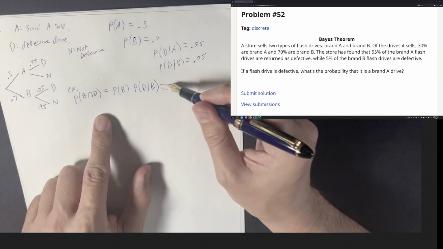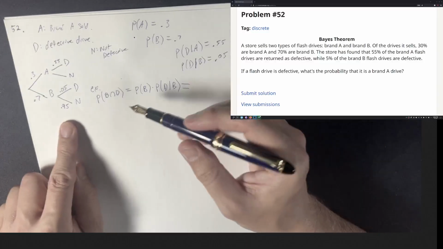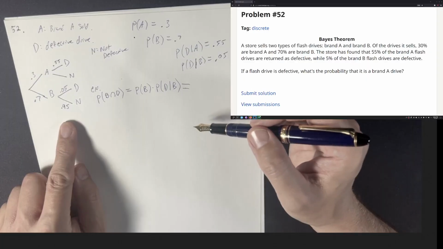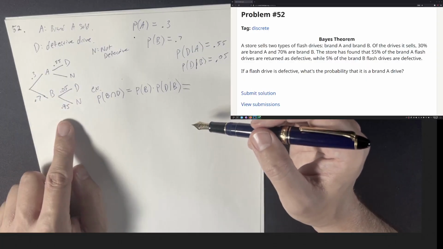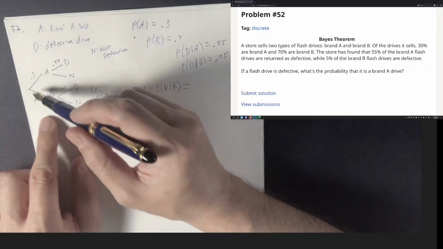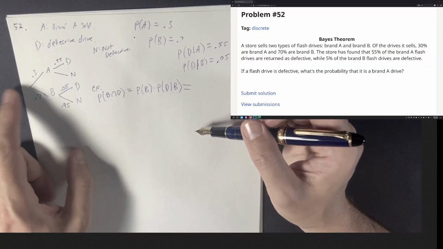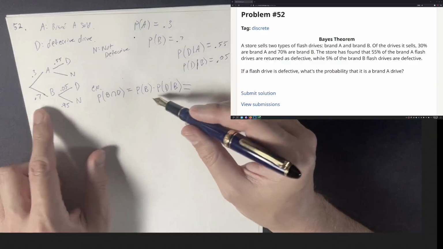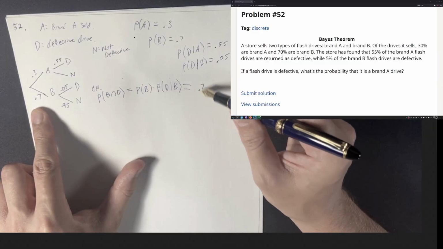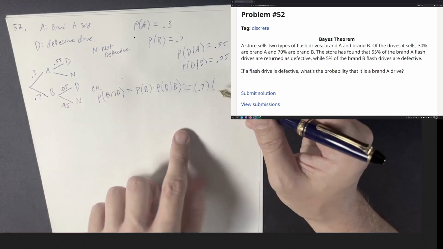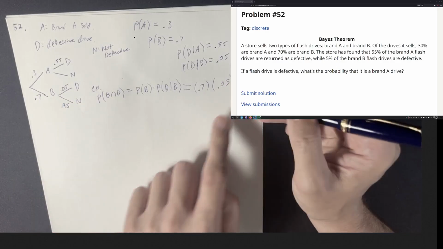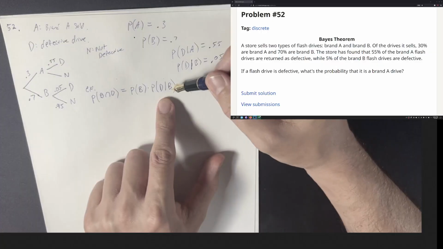But if you get used to drawing the trees, you don't have to think as mathy as this. You can have more instinct for saying, oh, it's just this times that, because these are independent things. And so this is 0.7, that's 70% times the 5% chance of it being defective, given that you're on branch B.